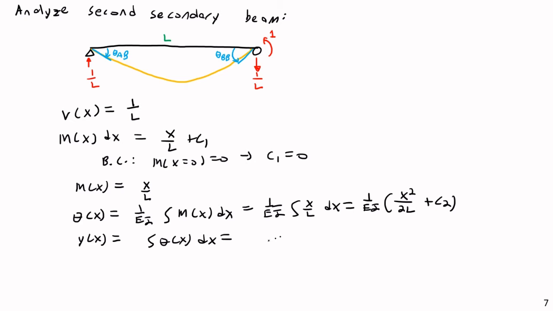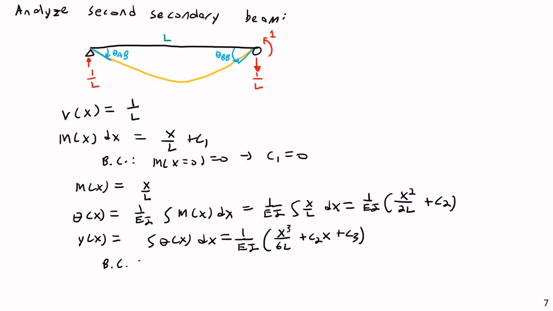If you go ahead and take the integral of that, you'll have 1 over EI times x to the third divided by 6L, plus c2x plus c3. And a boundary condition, well, the first one I can use to knock out c3 very easily.